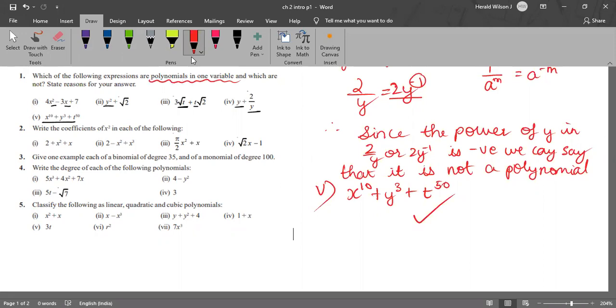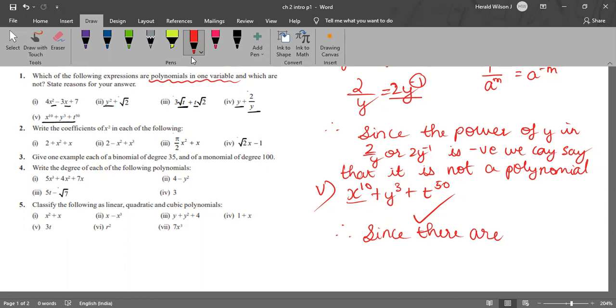And look at the question. Is there only one variable called x or y or t? No, we have three variables. So what is the reason we can give for saying that no, it is not a polynomial? You can change and write the answer according to your own convenience, your own wish, but it must be right.